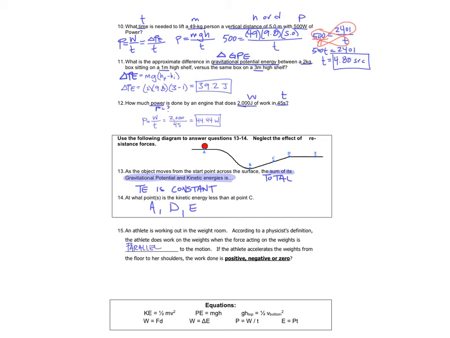If the athlete accelerates the weights from the floor to the shoulders, you're getting a force that looks like this, and displacement that looks like this going from the floor to the top. These two are parallel, and they are in the same direction. They're both upwards. When the force and the displacement are both in the same direction, then the work being done is positive.